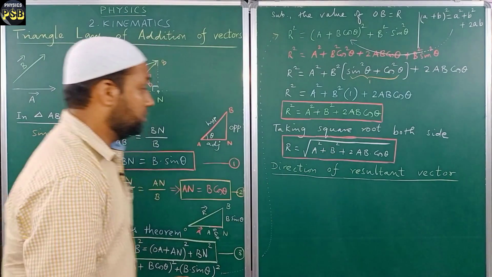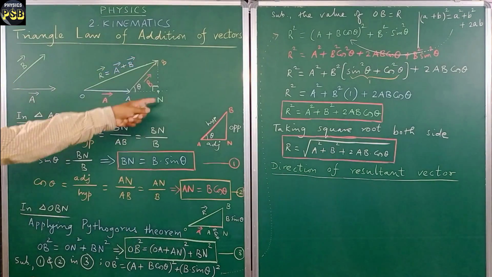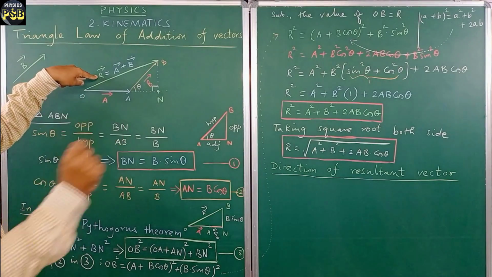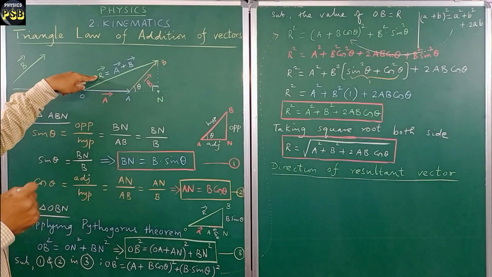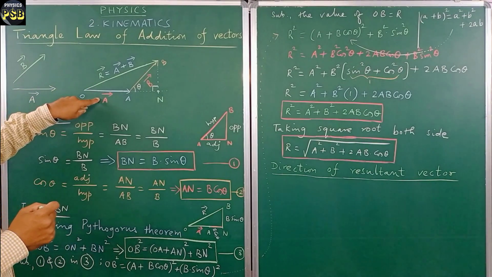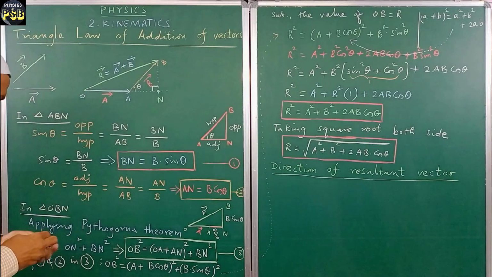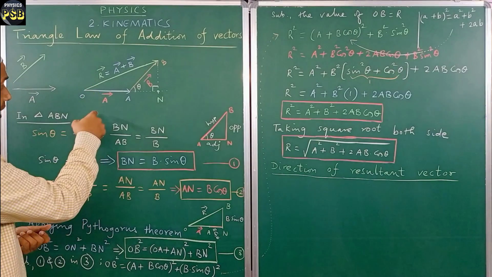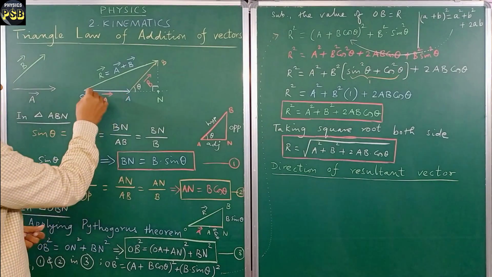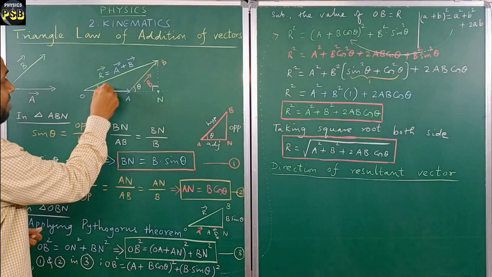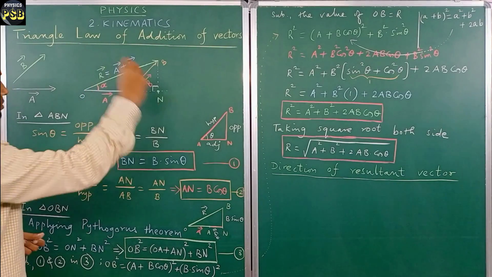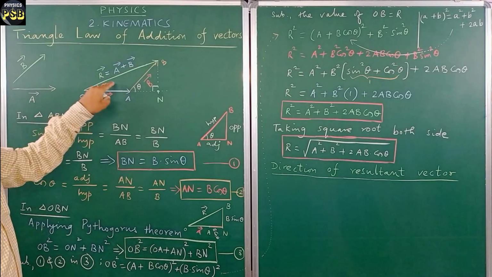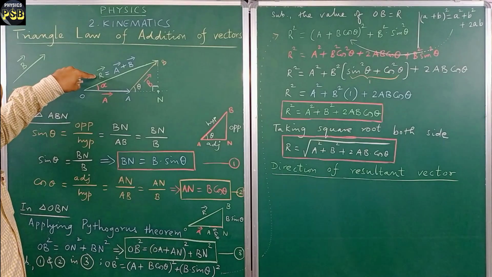So in this diagram, the direction of the R vector can be obtained if we know the angle between the A vector and the R vector. For my convenience, I take the angle between the A vector and the R vector to be alpha. This gives us the direction of the resultant vector.